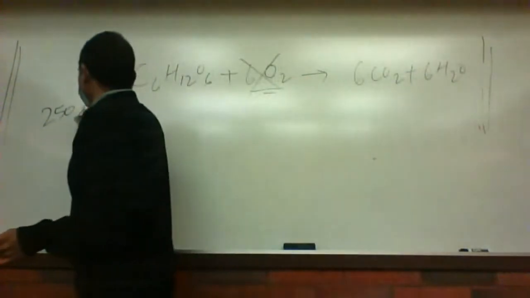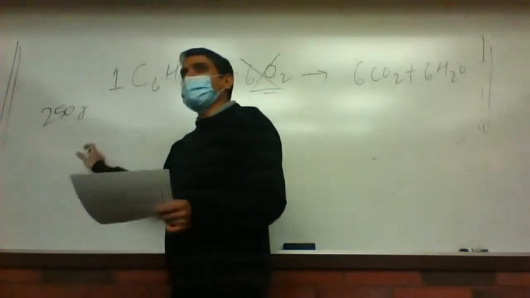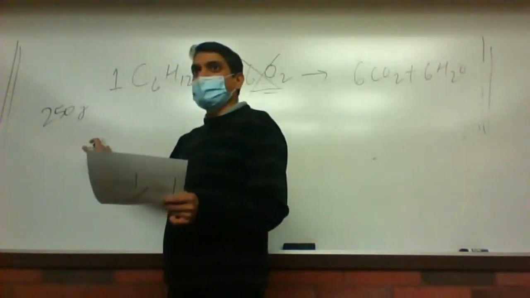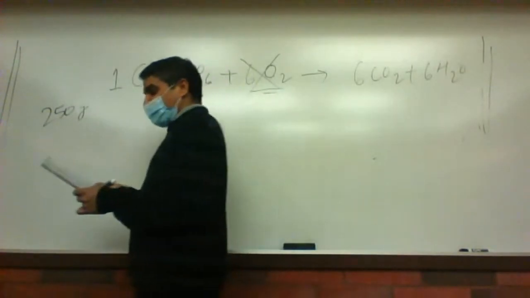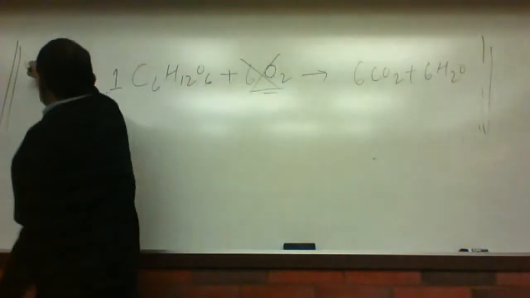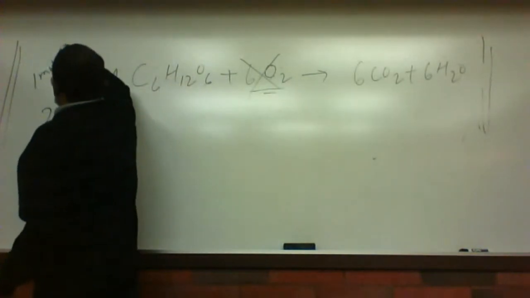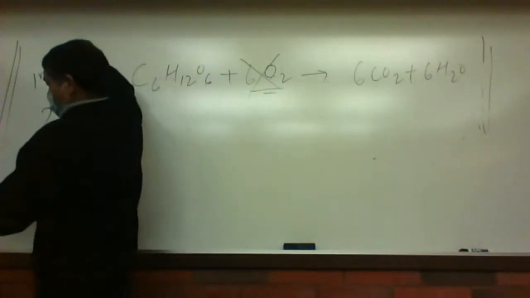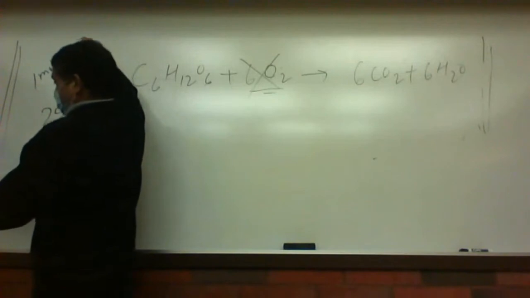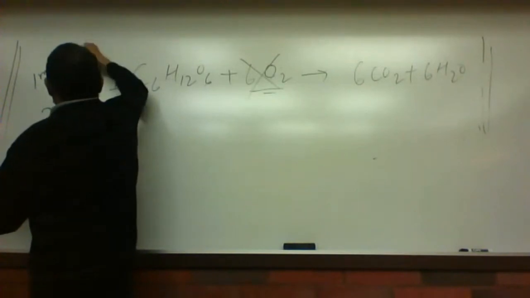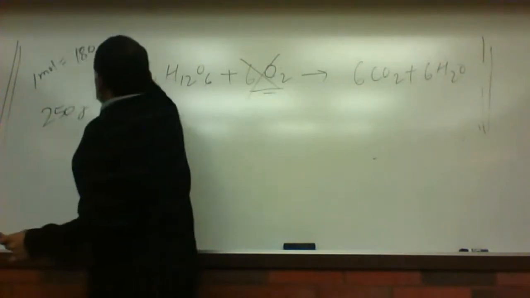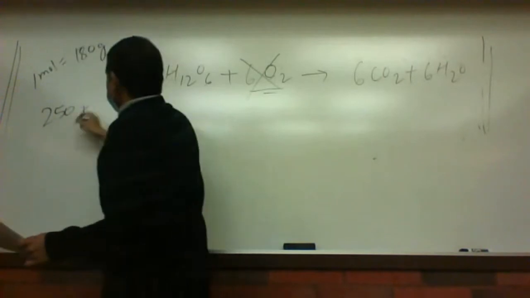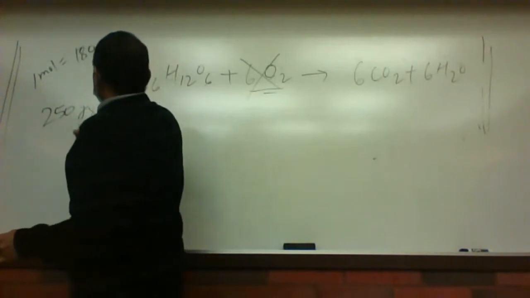Now how much is this one? 250 gram. Now I convert this into moles, right? It's given here: 1 mole of glucose is equal to 180 gram. So you just convert this to mole first.